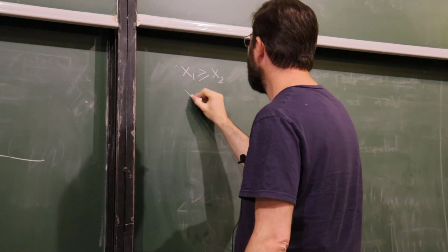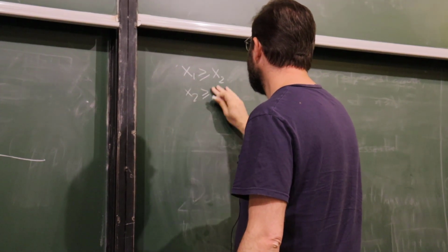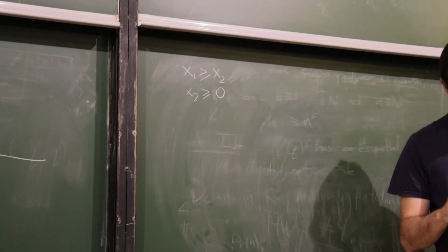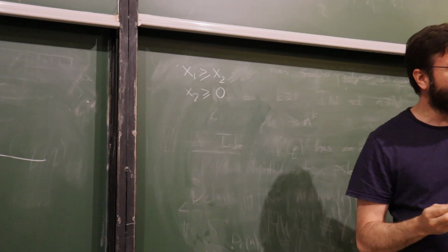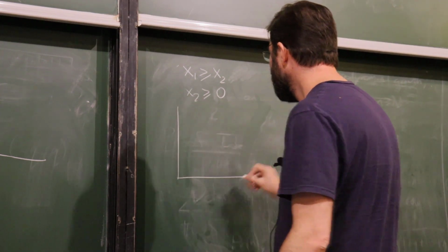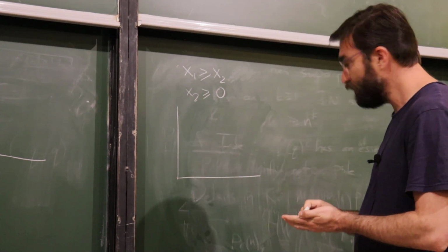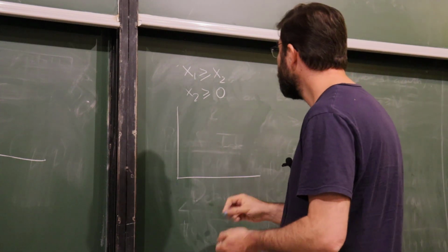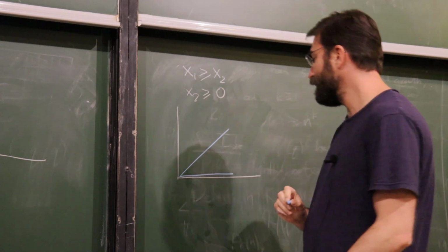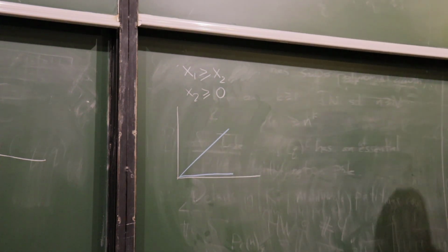Okay, I can also write it like this. It's a very small one because I want to have two variables because, as I said, I want to draw in 2D, right? So what is this one? It is this cone here, right? Okay.